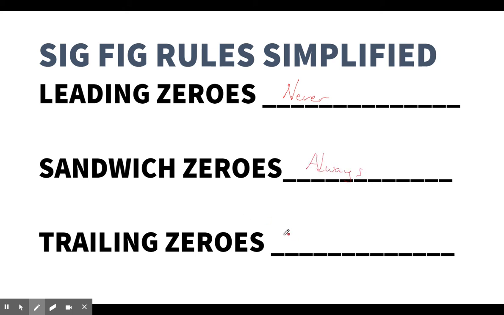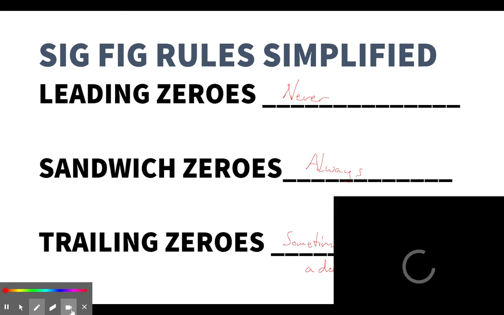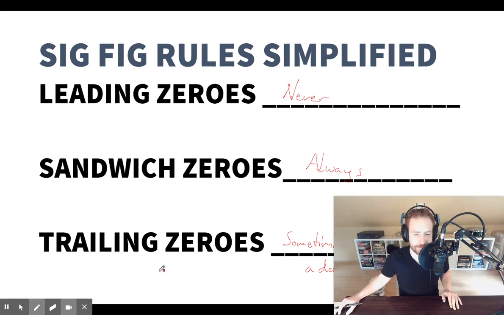And trailing zeros are sometimes significant if there is a decimal point. It really all comes down to that. And of course, counting numbers or defined constants, they don't have any specifics.